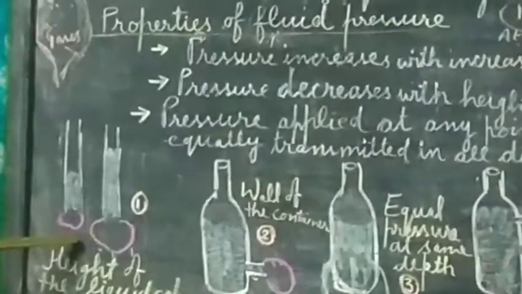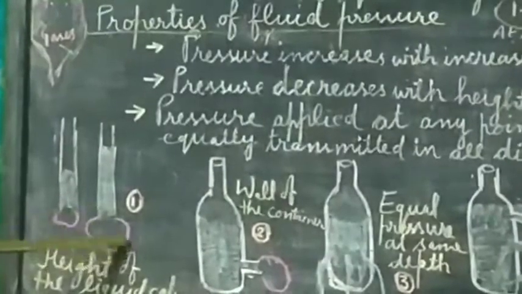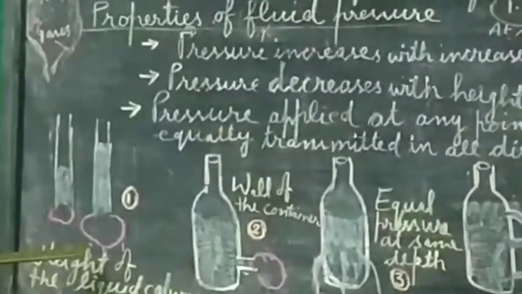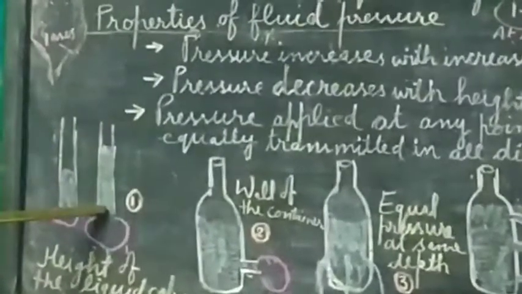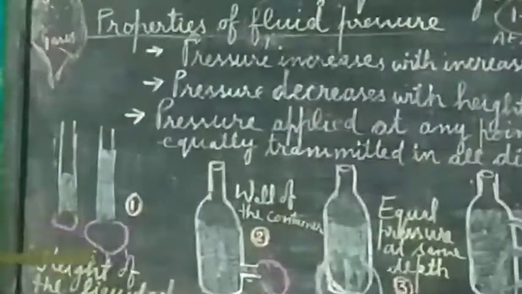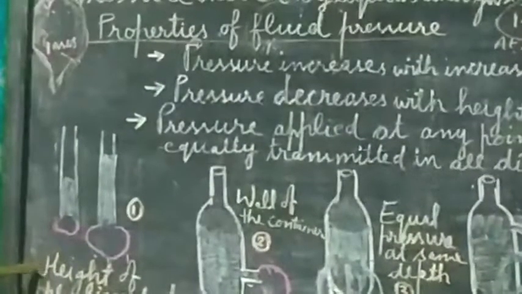We will observe that the balloon starts bulging. When we increase the height of the water, the bulging increases, and with the increase in the height of the water column the size increases.